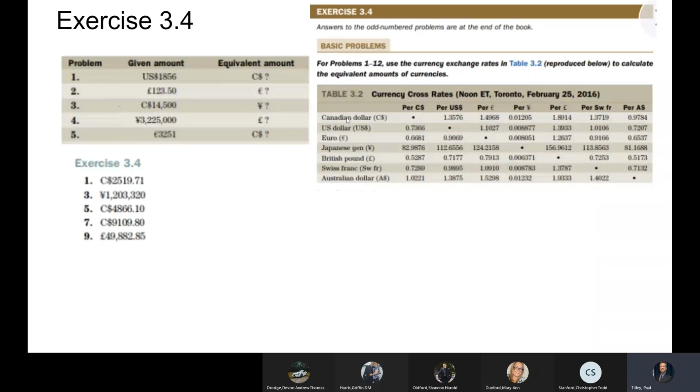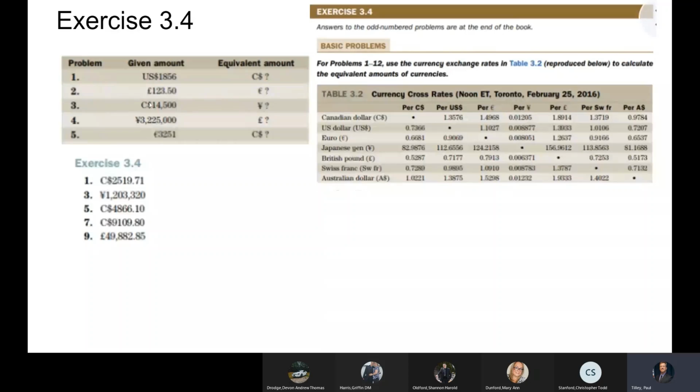And we can work it the other way too. We can look at Japanese yen per Canadian dollar, 82.9876. So we know that for every Canadian dollar, there's 82.9876 yen. Or for every yen, there is 0.01205 Canadian dollar.